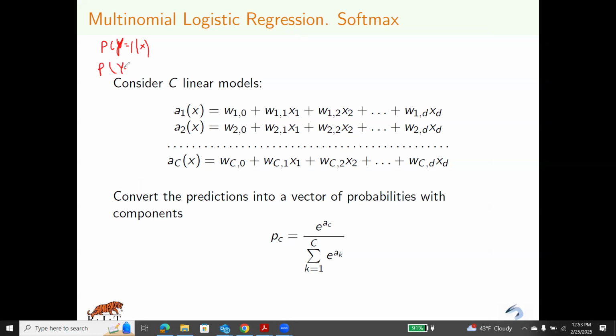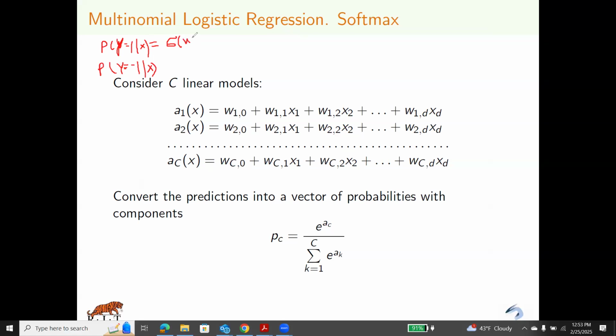And we used one linear function, and then we used the logistic function, the sigmoid function, that transformed this linear function into probabilities.